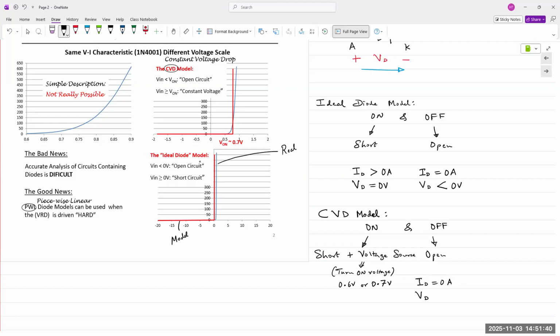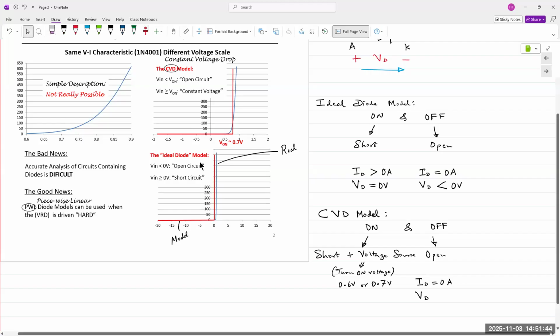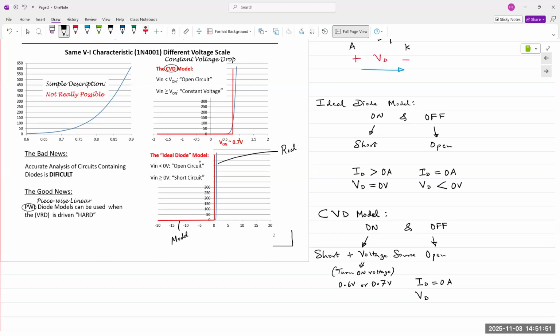And then voltage is 0 right here when it's in forward bias. And so you have two lines simply joining, forming a right angle. That's all the ideal diode characteristic is, lying on the y-axis and the negative x-axis.